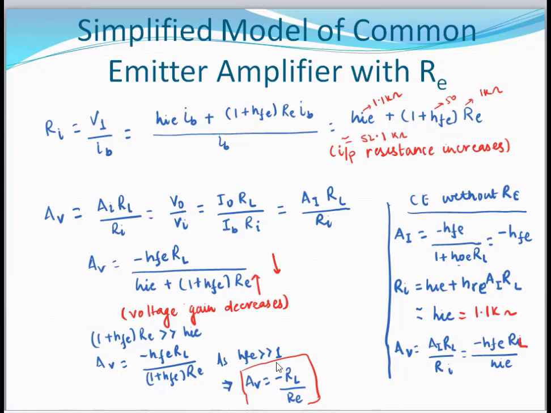With this simplified expression of voltage gain, further we can say that the voltage gain is independent of the hybrid parameters, hfe or hie terms; they are not affecting the value of voltage gain here. So the voltage gain is stabilized. Now we can see one by one the effect of RE.